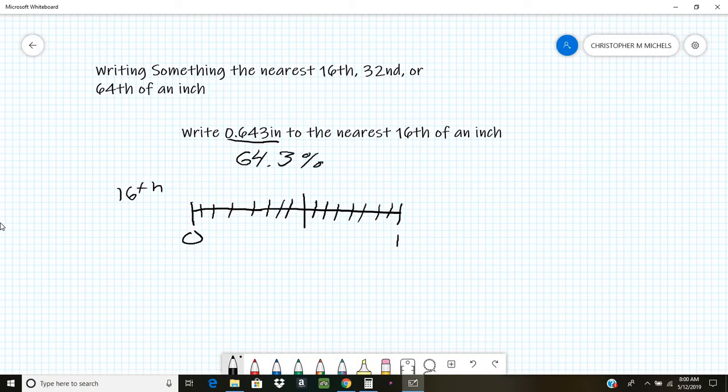So I have about 64.3% of an inch. So there's half, and it's maybe somewhere in here, maybe the 10/16ths or the 11/16ths. But that could be kind of a guessing method, and we need to be accurate with this. So we can use a little bit of arithmetic to figure this out, and it's a pretty simple process.